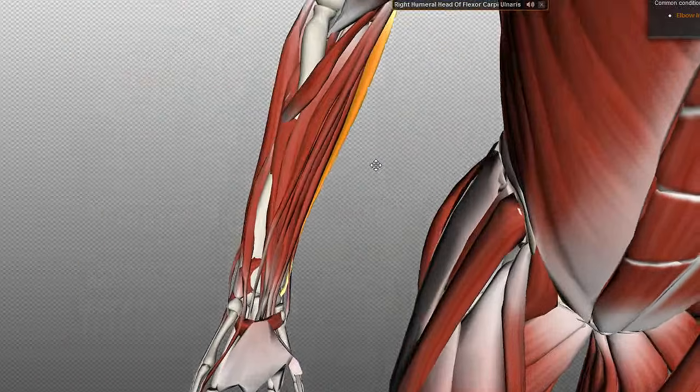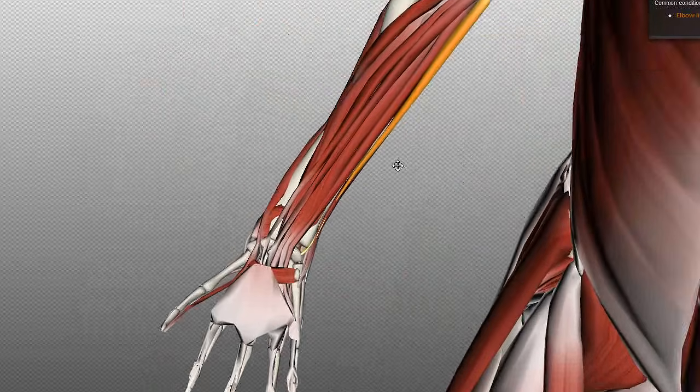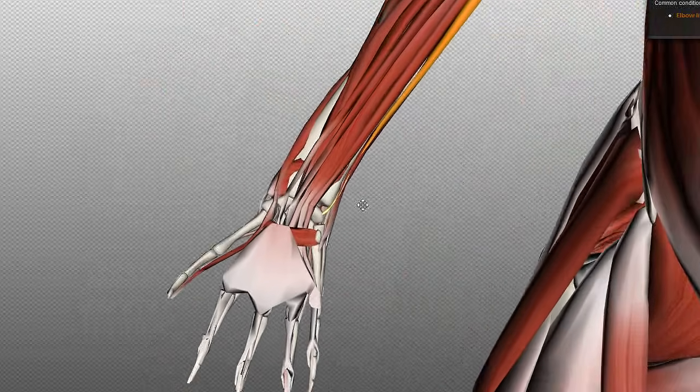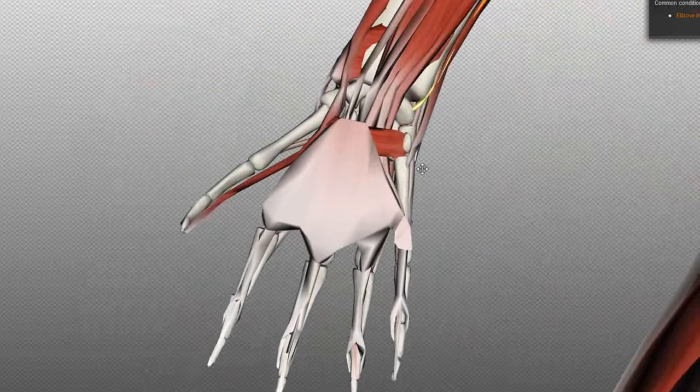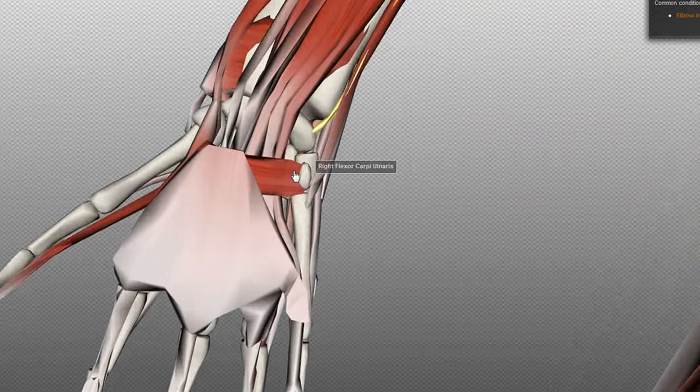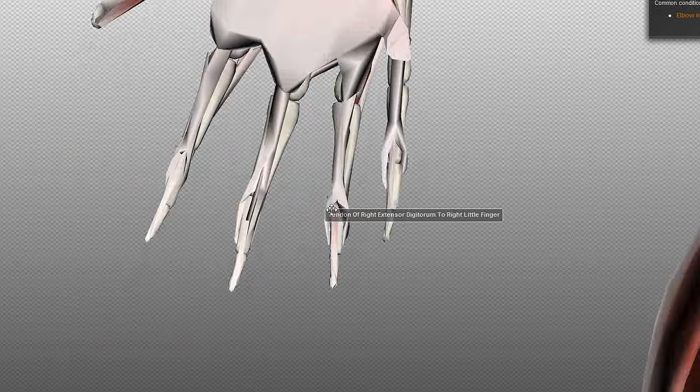It runs down and inserts at the wrist down here. It's not very clear on here, but it inserts on this little bone here, the pisiform bone, and this bone has ligaments which attach to this fifth metacarpal bone.